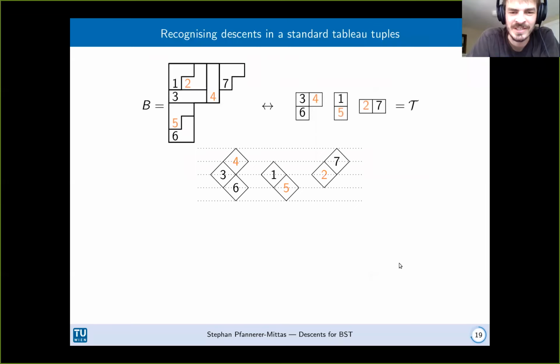We also have a question from Ann Schilling. Can you define a major index statistic from your descents that is equidistributed with the inversion statistic? I actually don't know. It would be quite interesting to see what the major index is here.